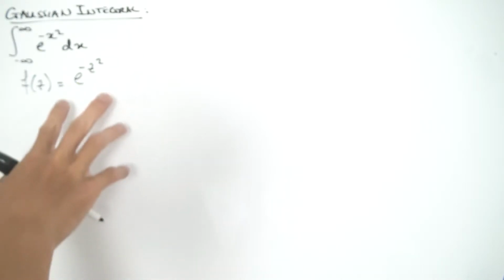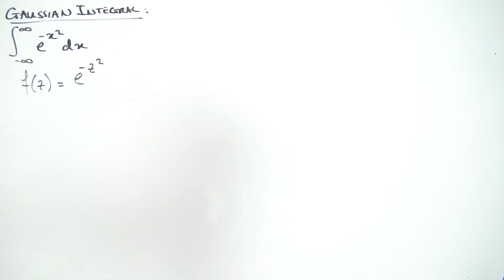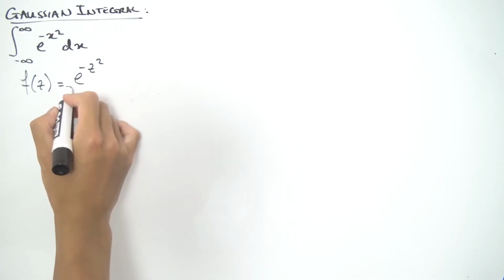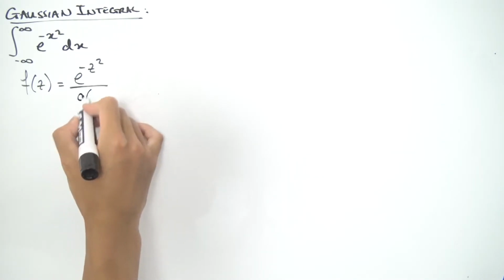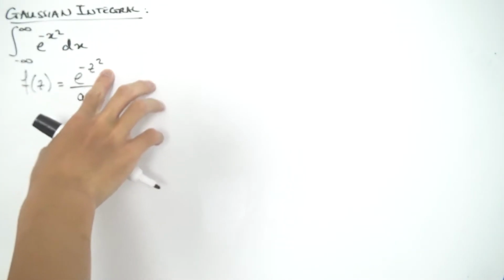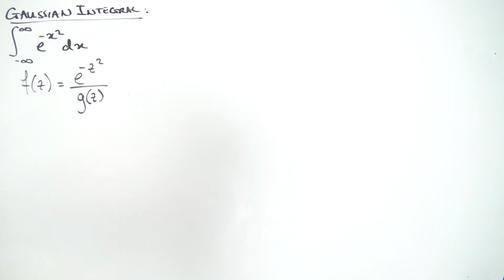So the function as it is, is a pretty bad function to work with, and in order to make it a good function, let's modify it. And the way we're going to modify it is by dividing by some new function g of z, some other complex function. And the idea is, we're still keeping this e to the minus z squared, but we have this other function g of z, and wherever the zeros of g are, it's going to be exactly the poles of our function f.